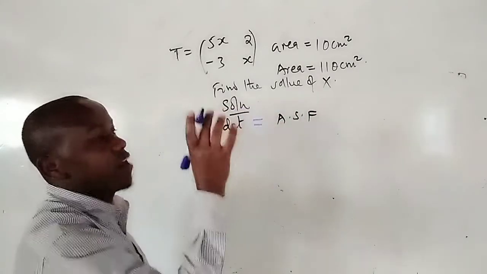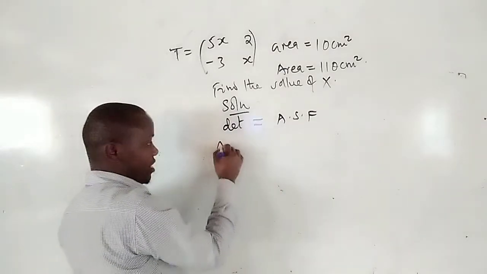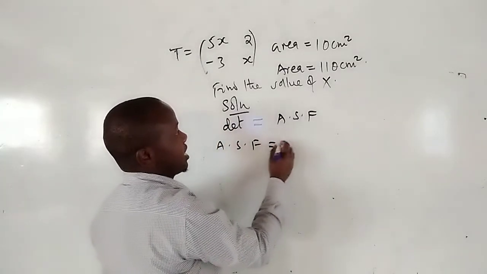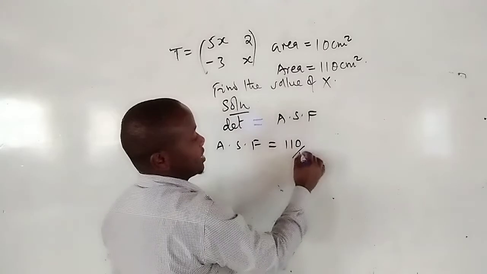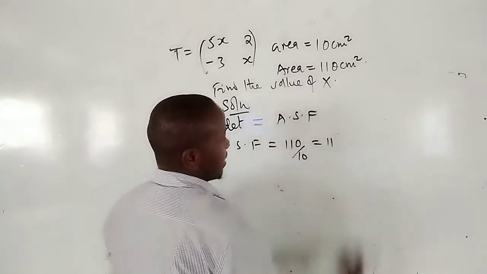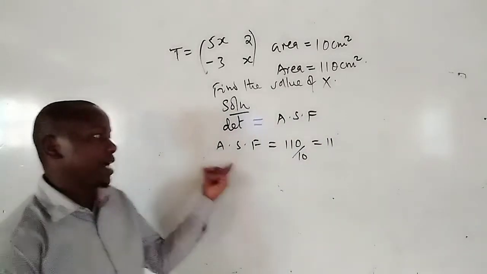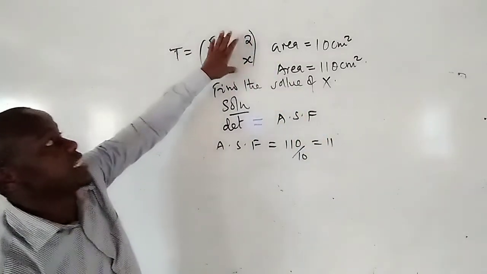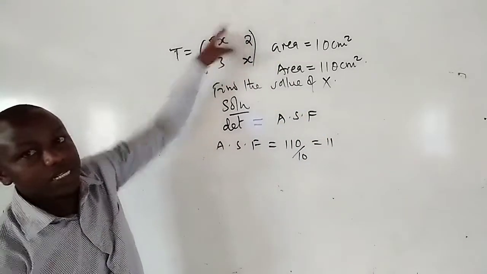Therefore, the area scale factor in this case will be 110/10, which is 11. If the area scale factor is 11, then the determinant for this matrix is 11.